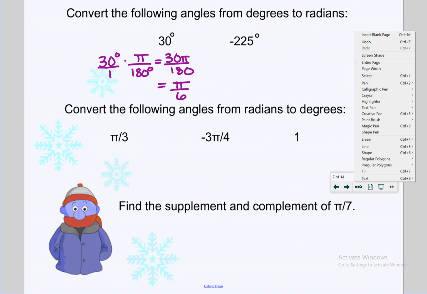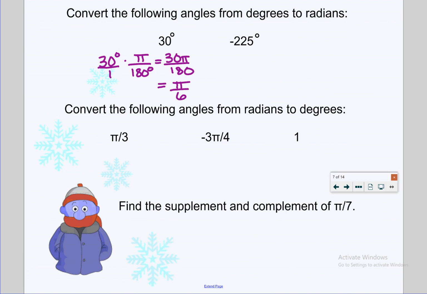Let's say it's a negative angle, negative 225. Again, I'm going to multiply by pi over 180. Multiply straight across. Negative 225 pi over 180. Okay, again, degree measures cancel there. And then we're just going to reduce 225 over 180. In your graphing calculator, you should just be able to type that fraction in with the alpha y equals button.